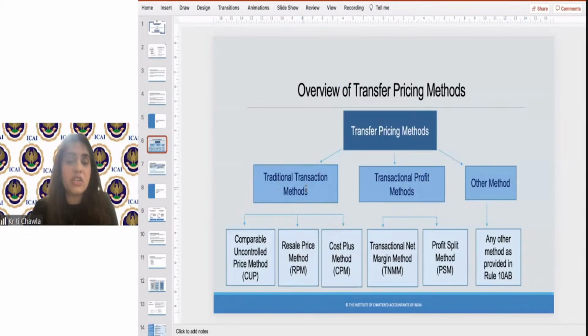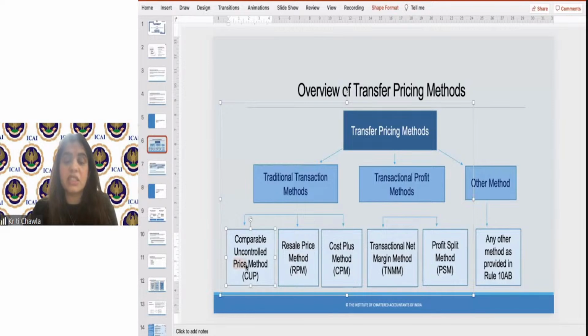If you look at traditional transaction methods, there are 3 kinds: comparable uncontrolled price method, resale price method, and cost plus method. So if you look at the 3 traditional transaction methods, they're somehow dealing with price. This method deals with the price, this one the resale price, and even here, it is the cost price or cost plus method.